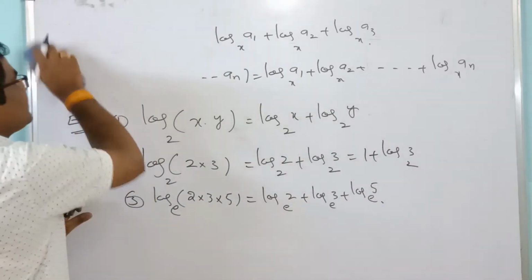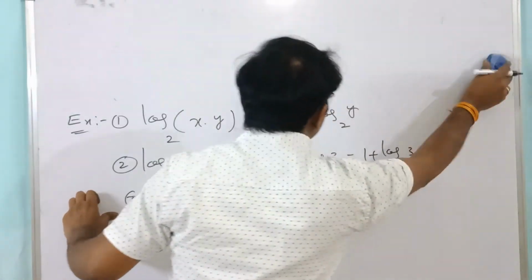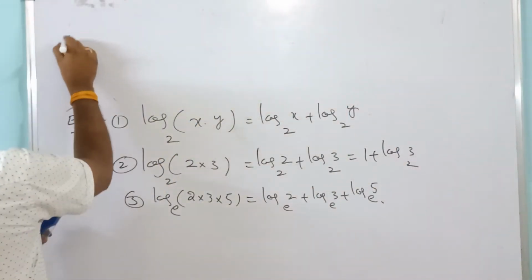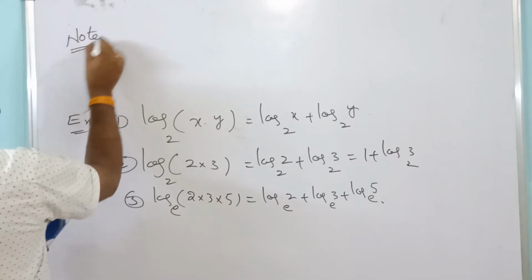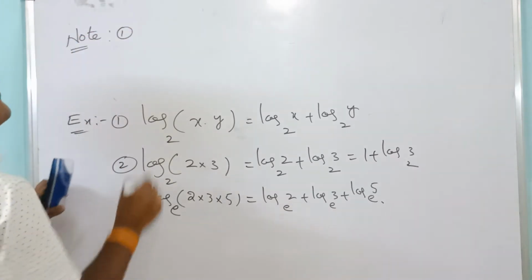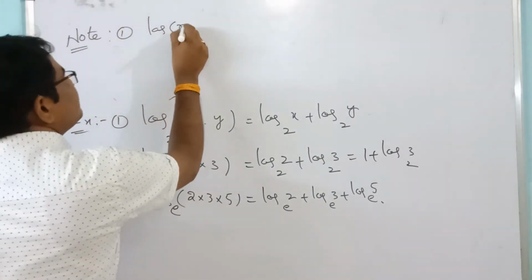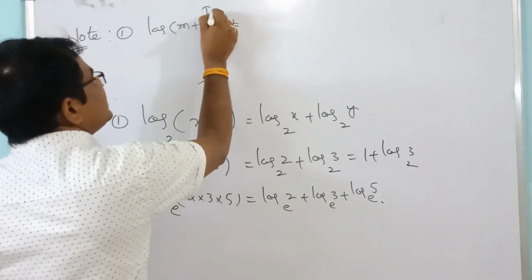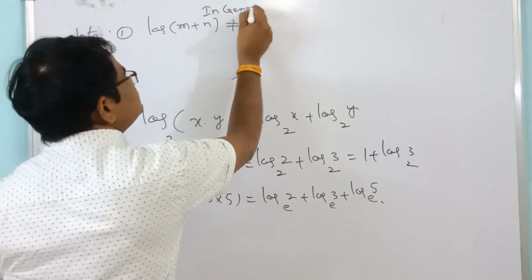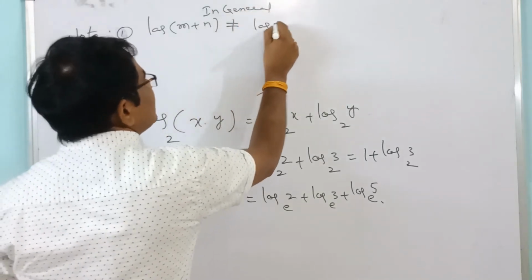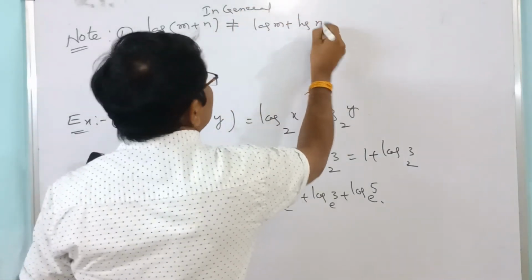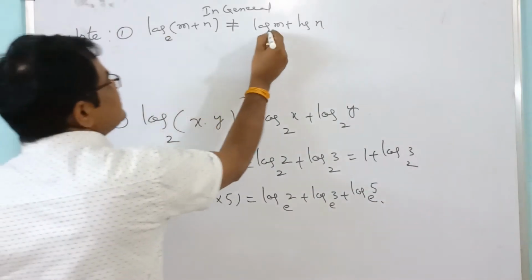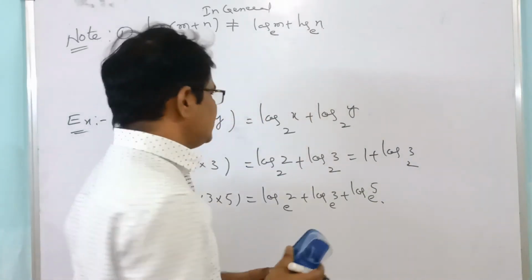Now, here one note you take, that is important one. Log of m plus n in general is not equal to log m plus log n to any base. E is there means here also e, here also e.